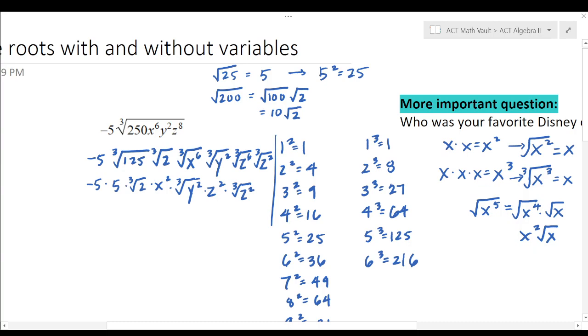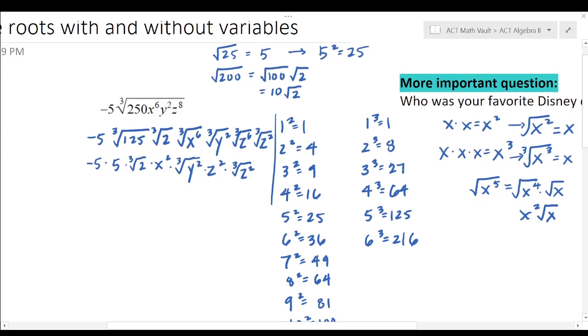Okay, so we have a whole string of smaller factors. Now we just want to put all the cube roots together and anything on the outside together. So negative 25 x squared z squared times the cube root of 2y squared z squared. Final answer.